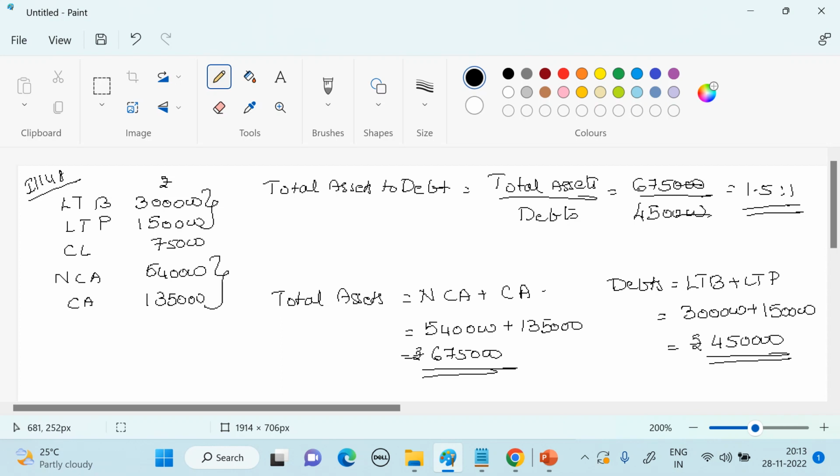Just write this in your solution. Can we start the next one? Illustration number 49. Yes.